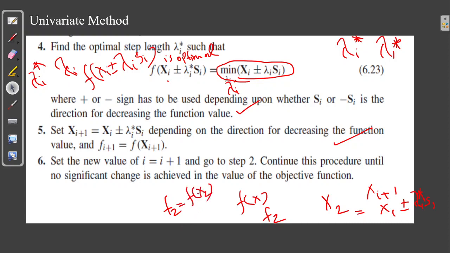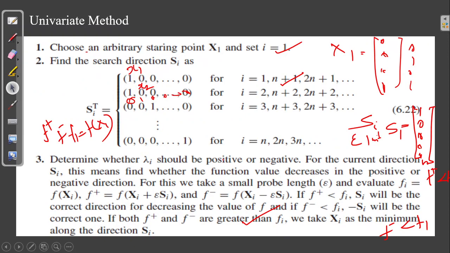Now we will set the new value for I equal to I plus 1. We will go again to step 2.